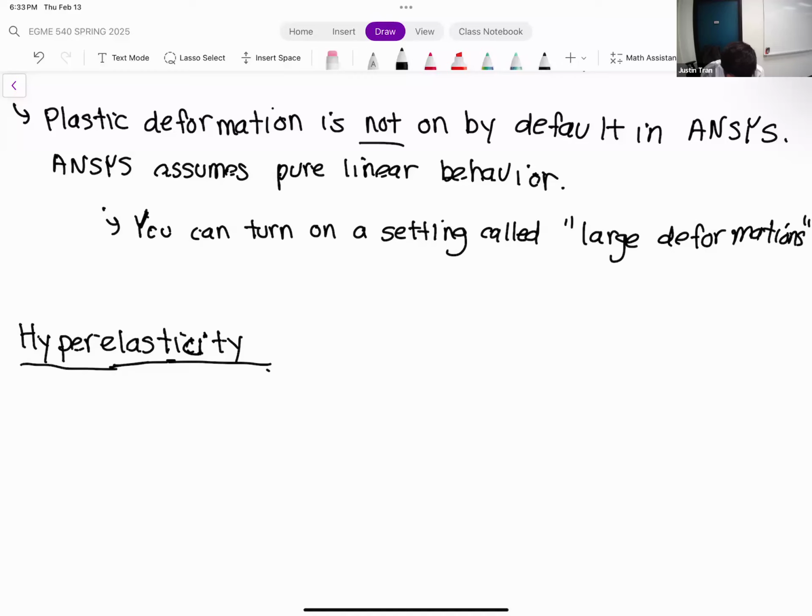But there are a lot of materials out there that have a very strange, non-linear relationship between stress and strain. So there are a lot of materials that often don't have any linear regime at all.